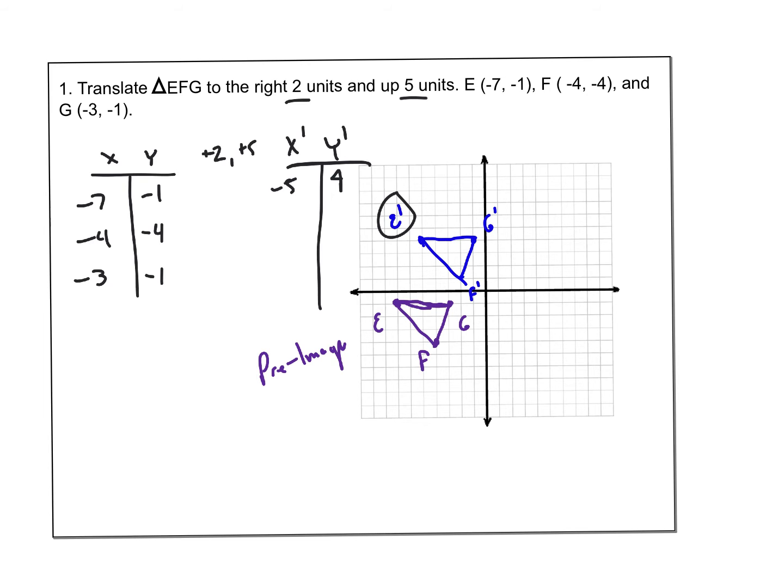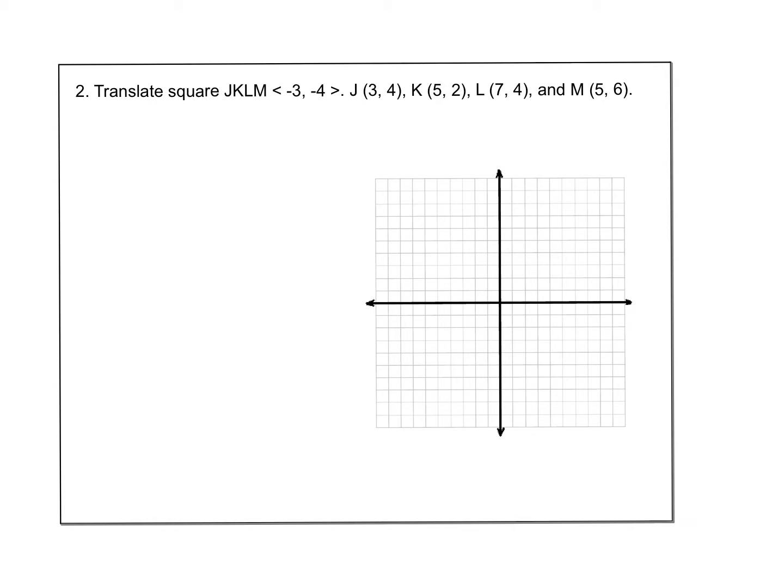My next one better go -2, 1, and that's where my new F is. And my last one better go -1, up 4, and that's where my G is. So there's E prime, F prime, and G prime. Those are my new points. Okay, that's all I did. Over 2, up 5. That's positive in the coordinate plane.